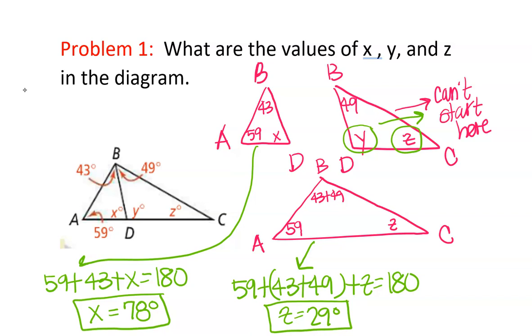So now that I know that z is 29, I can substitute it in there. So 49 plus y plus 29 is equal to 180. So y is equal to, oops, I missed a number. 180 minus 49 minus 29 is 102.